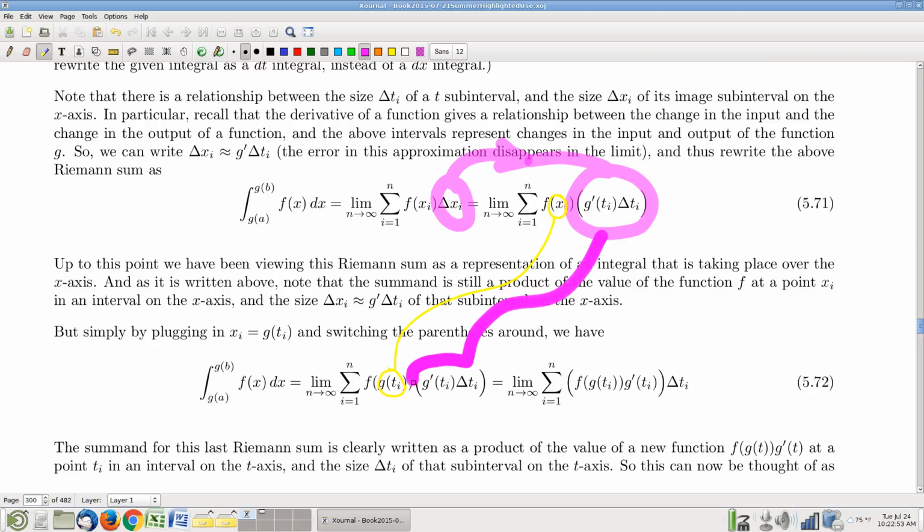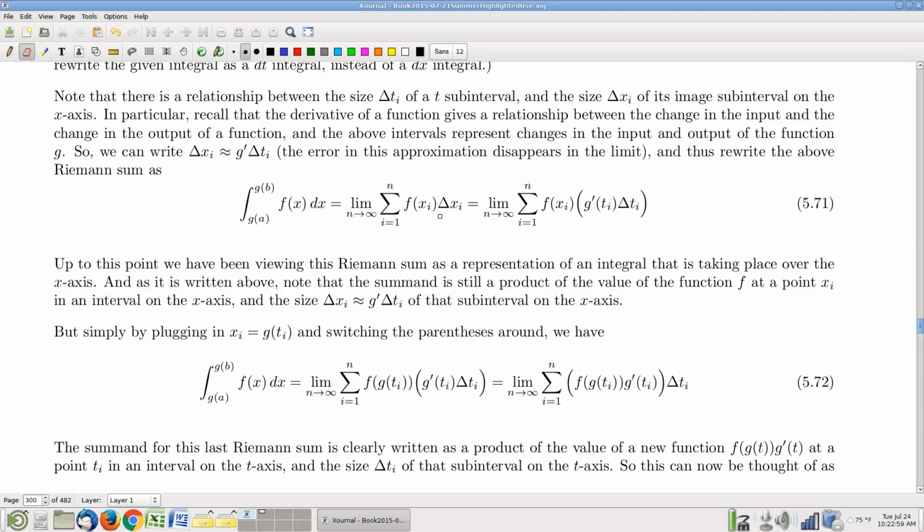G prime times delta t remains. So I get this. And now I suppose we have to pull a little fast one here. Notice our Riemann sum where we had f times delta x has turned into, well, there's the f and there's the delta x. And the little fast one I have to pull is to simply move the parentheses around a little bit and group like this.